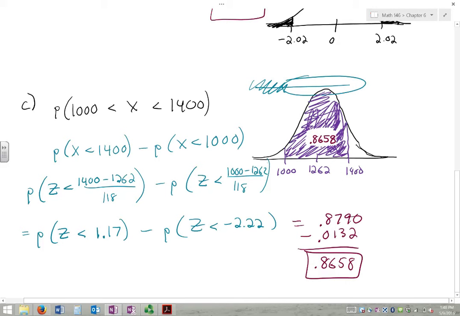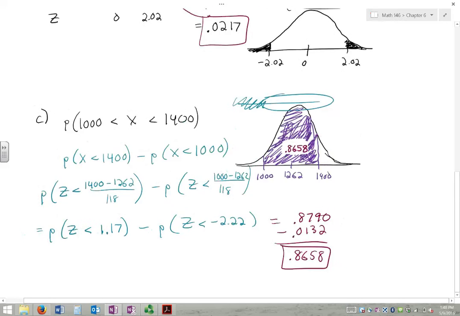Okay, that's how you find the area between 2 points, by subtracting two areas from each other.